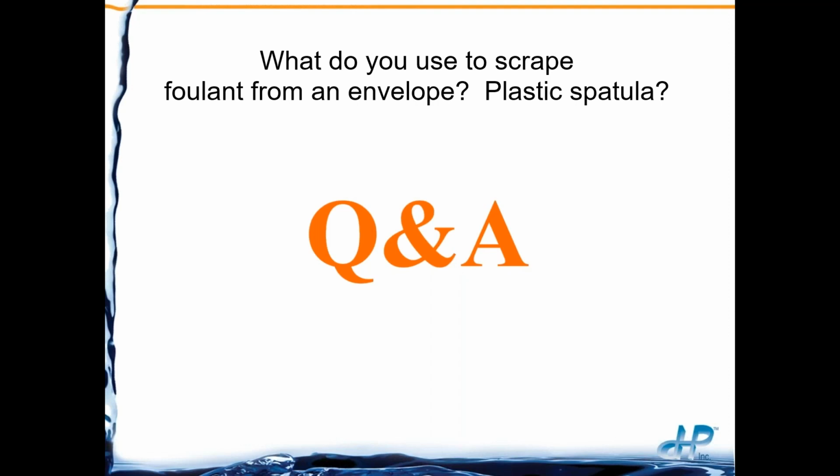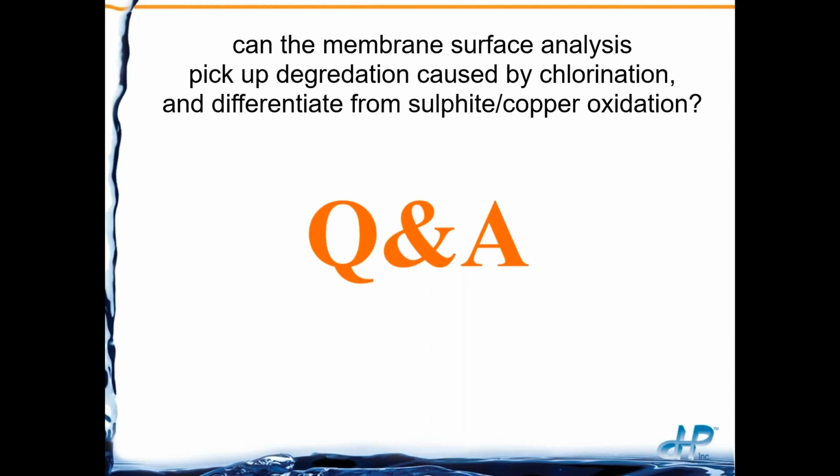Next question. Can the membrane surface analysis pick up degradation caused by chlorination and differentiate it from the sulphite copper oxidation? First, can surface analysis pick up degradation caused by chlorination? Generally what we're looking for is, of course, the vacuum hold test and then the dye test.